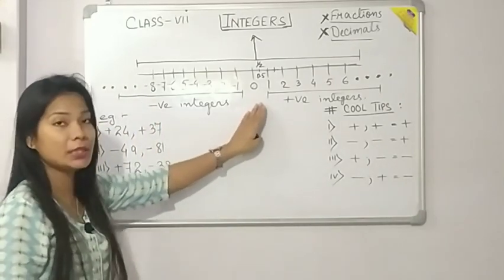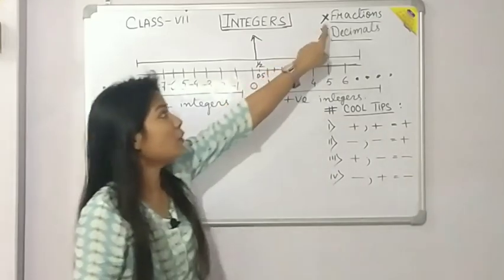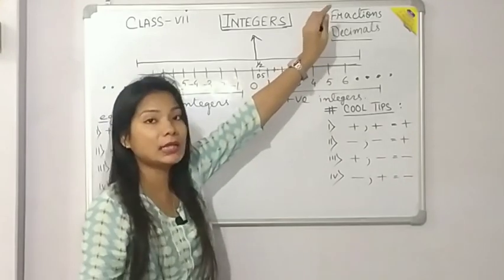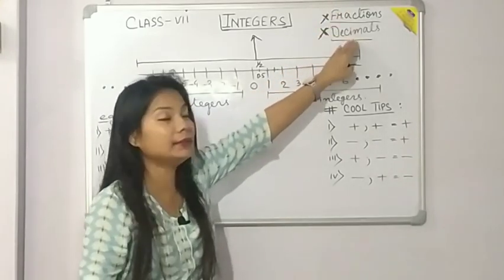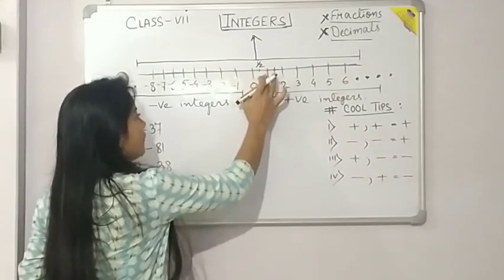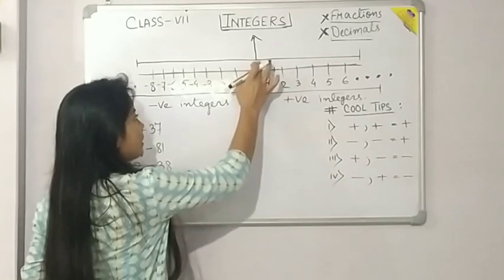But in integers, we will not consider any fractions. So I have given a cross sign here because we are not considering any fractions, neither the decimals. We will take only the negative numbers, 0 as well as positive numbers in integers.